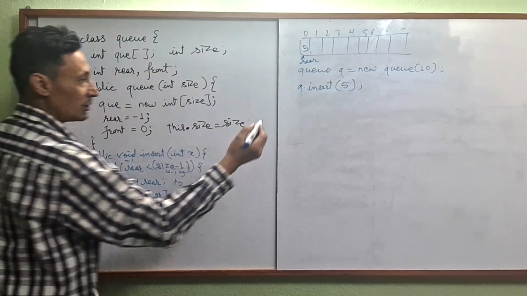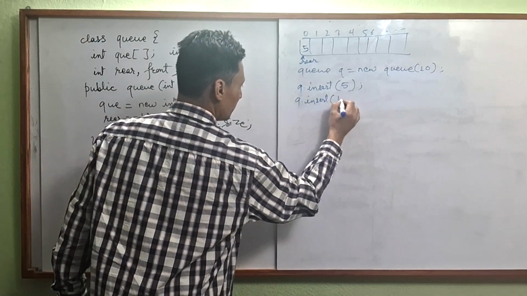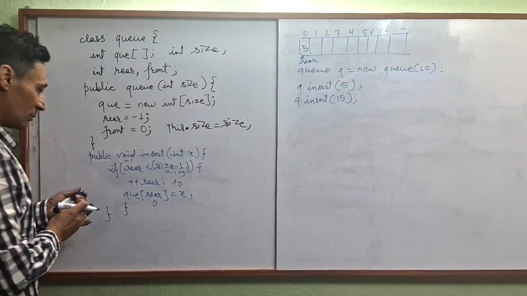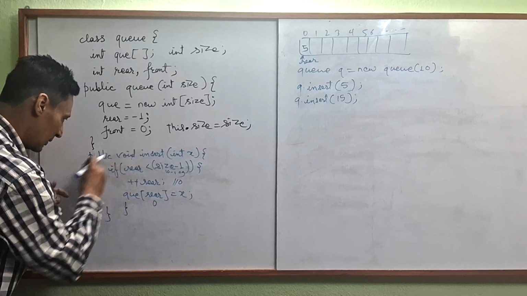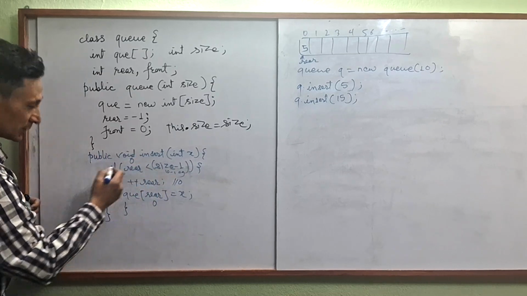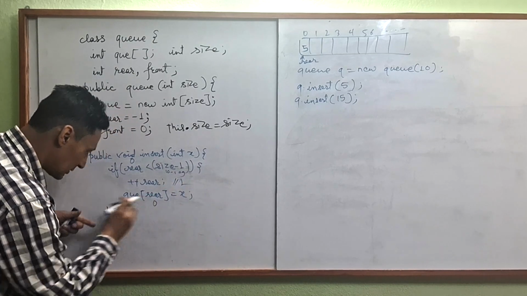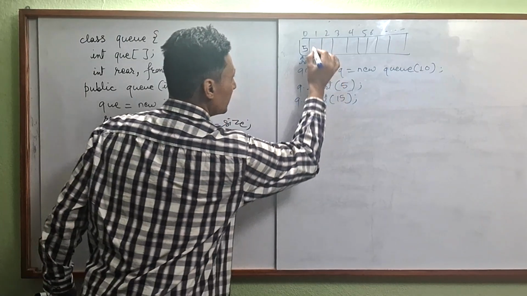Now suppose we call this method again, insert 15. Now what will happen? Rear is now 0, so 0 is less than 9, true, so rear will be incremented by 1. Now this will become 1, and in the second position, this x value will be assigned. That means this 15 will come here.